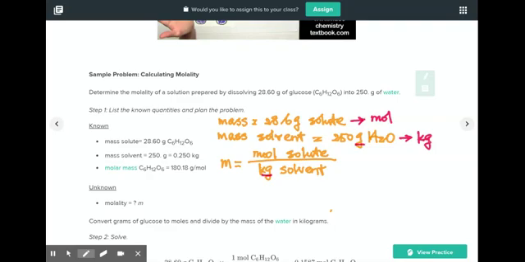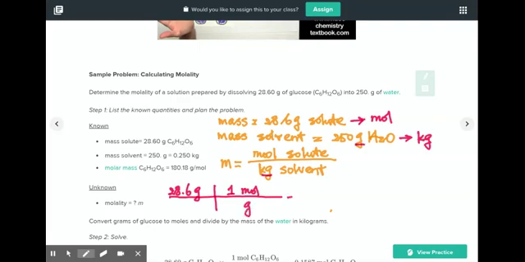So convert 28.6 grams of glucose into mole. 1 mole of glucose is how many grams?